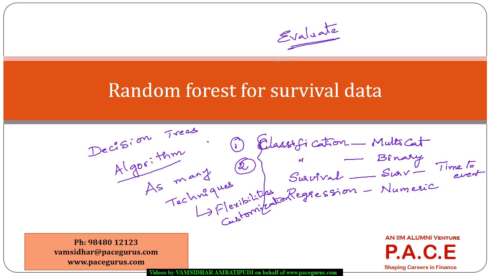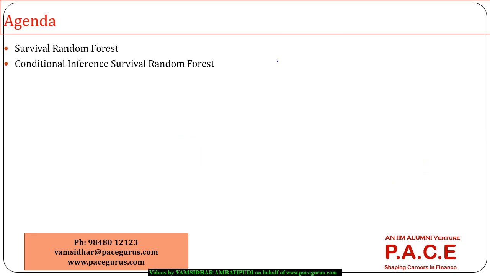So the same thing we are going to continue with the survival data analysis as well. Here I am going to take you through two major techniques dealing with random forest for survival data. We are talking about a technique called survival random forest and another technique which is conditional inference survival random forest.